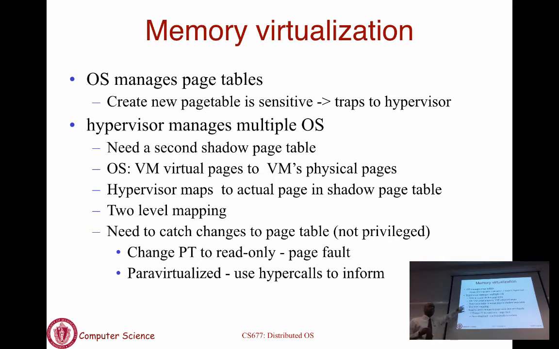So the way many virtual machines work is the hypervisor keeps track of a second page table called a shadow page table. The OS keeps its own page table. The OS never knows it's actually running on a virtual machine. It's all transparent to the OS. So the OS might try to make some changes, and the hypervisor keeps track of those page table mappings. That will cause a trap, because it is a sensitive instruction, and then you modify the shadow page tables, which are then reflected into the real page table.